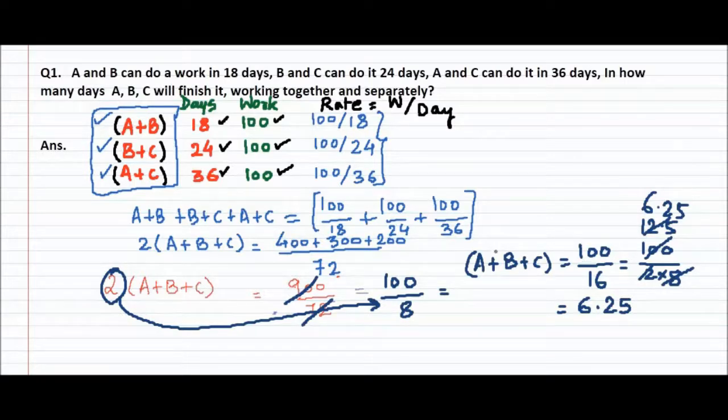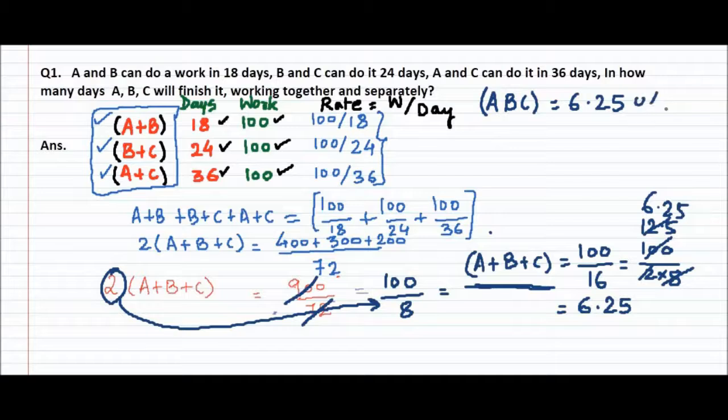So now what I have got is the addition of rates. The rate is this one. Okay, now once we get the rate at which A, B and C are doing it together, let me write it here. 6.25. In one day they do 6.25 units of the work in a day.